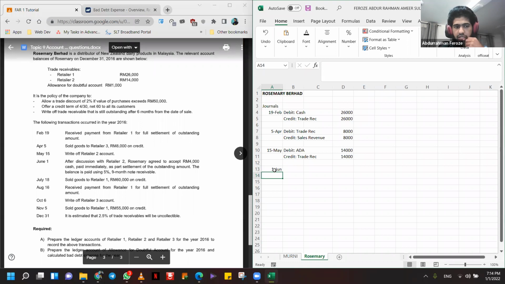immediately as part settlement of the outstanding account. The balance is paid using a 5% 9-month note receivable. Okay, so this is interesting. First of all, let's deal with the cash, right?